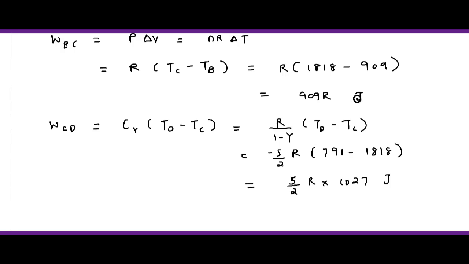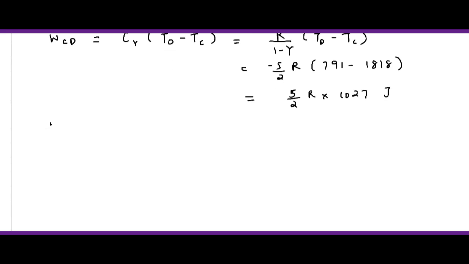Now we finally calculate the work done from D to A. Since it's an isochoric process, the work done will be 0, since work done is P delta V, and delta V is 0. For an isochoric process there is no change in volume, therefore the work done is 0.